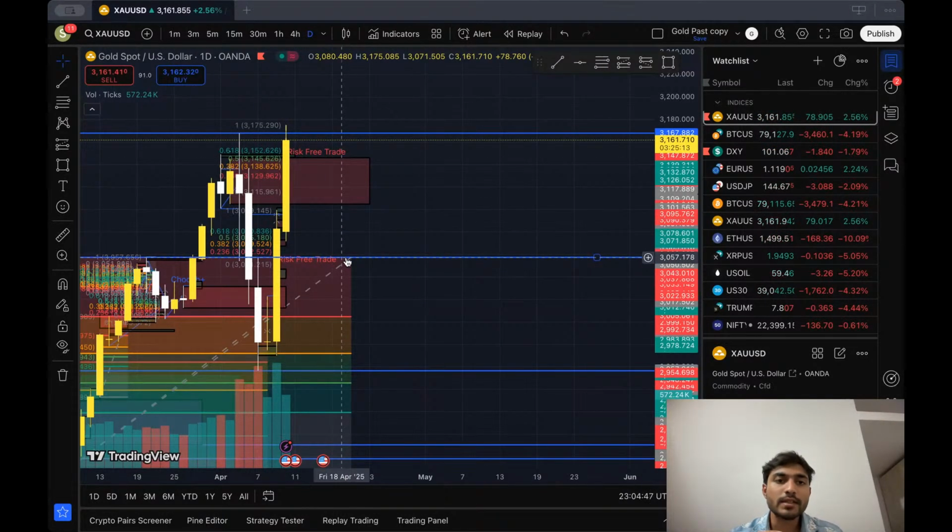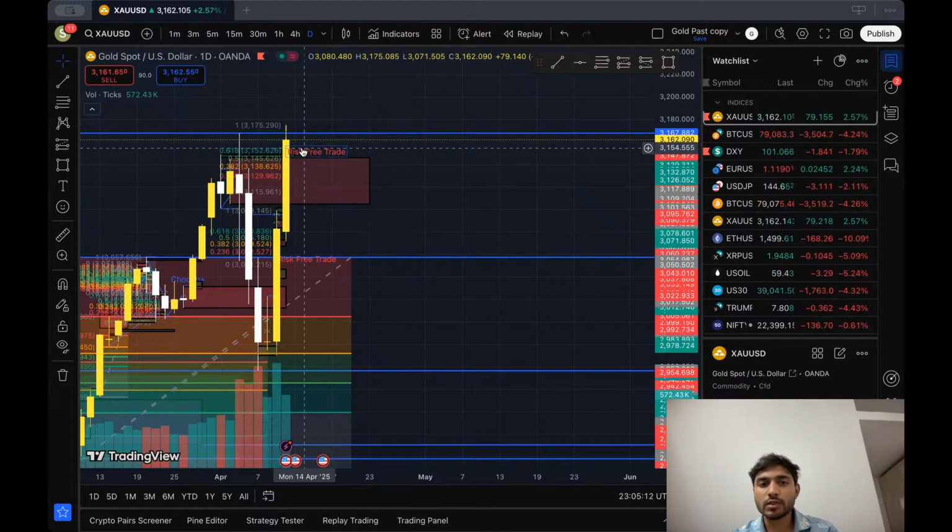Then only we can say that the order block has been followed, and that is a good sign. But we are in a long now, so I'm thinking, would it be converted into a breaker block? If it closes above this level, this would be a breaker block.